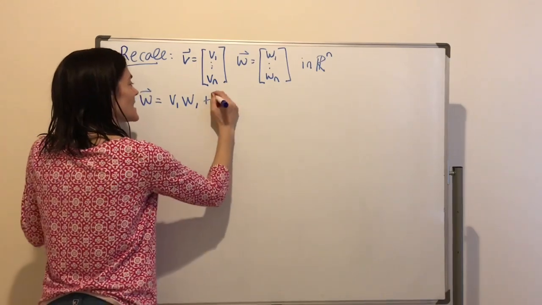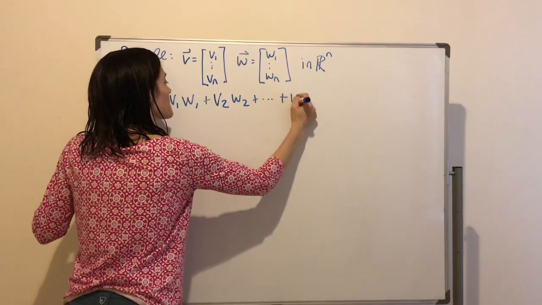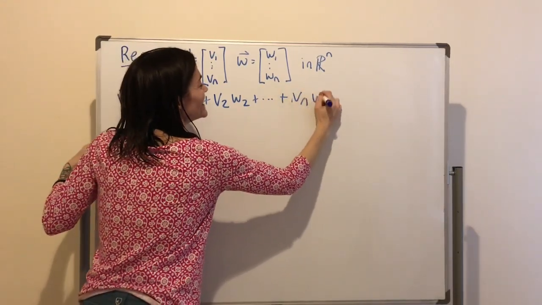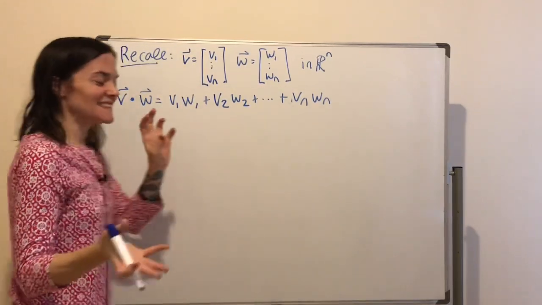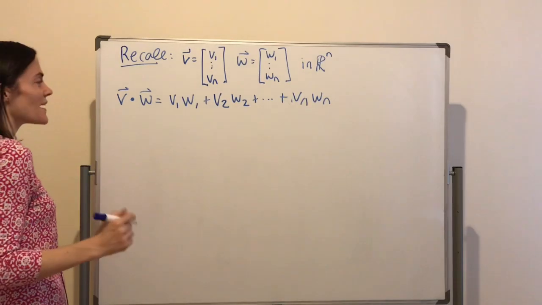So this is as follows. It's difficult sometimes to write a V versus a W. Okay, this is the dot product.